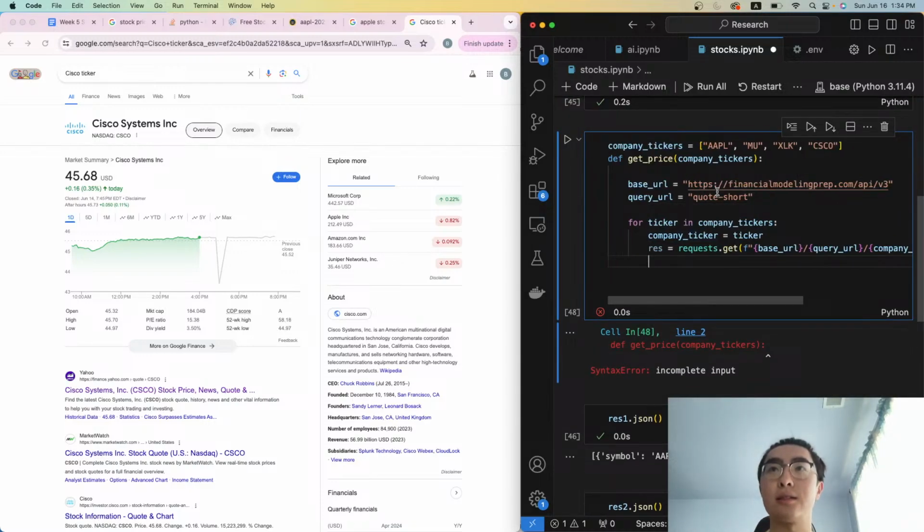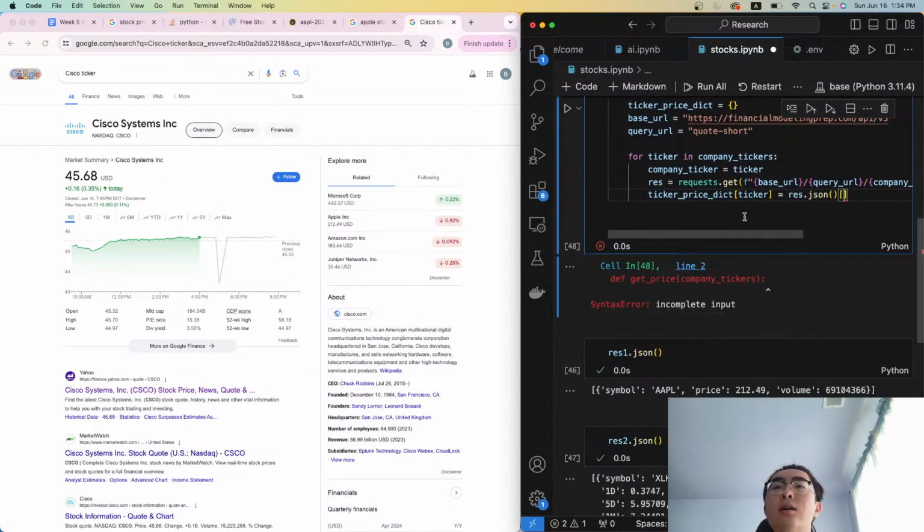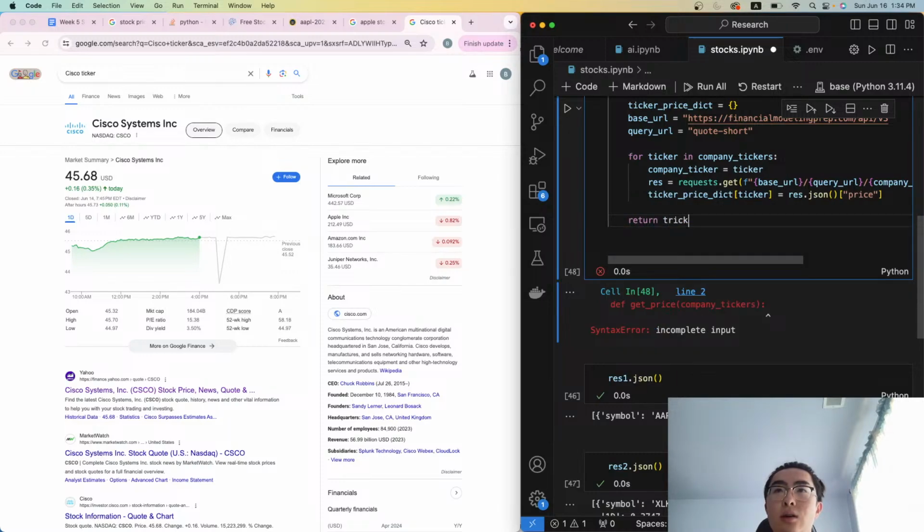And then I guess we could get a dict too, right? So ticker price dict is equal to, and then ticker, and set this equal to res.json, and we'll get the price, and then we will return the ticker price dict.